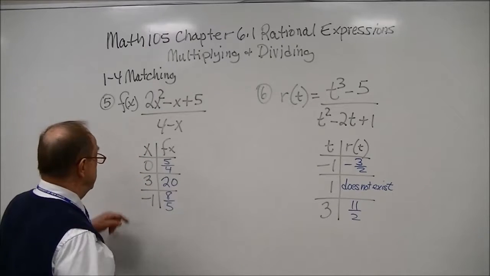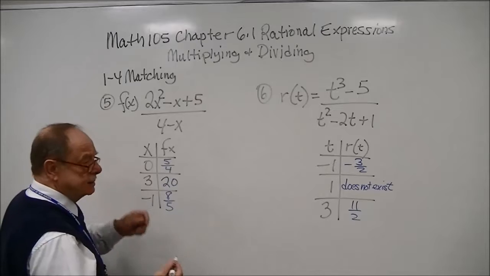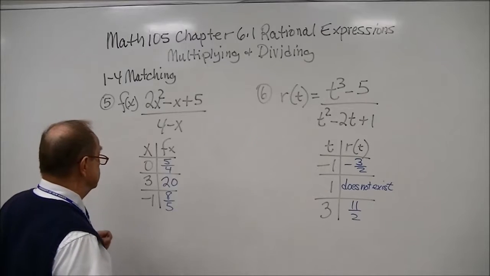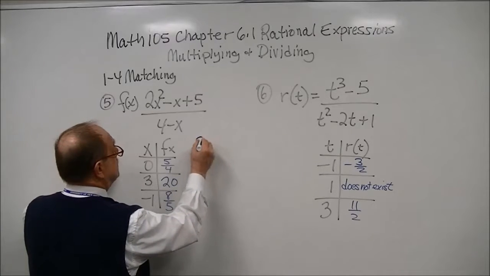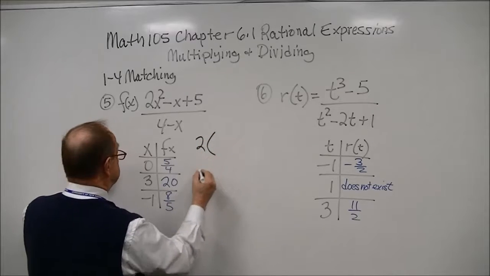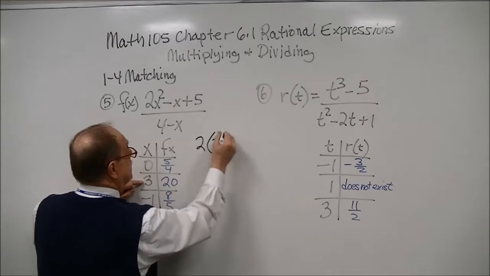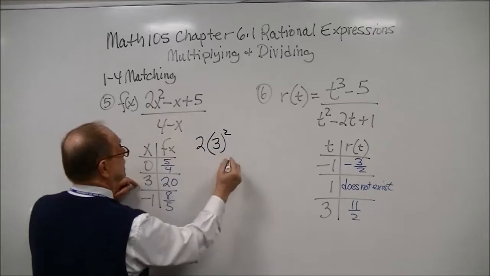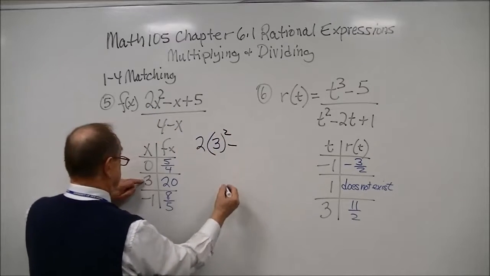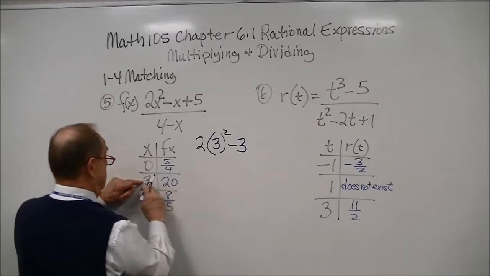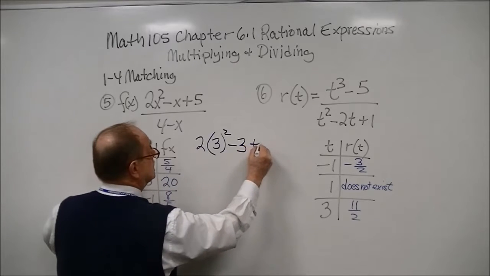Now let's put a 3 there. And this is the technique we want to stress. So you're going to put 2, then a parenthesis where the 3 would go. And we're going to square that. Then a -3, that's straightforward, plus 5.